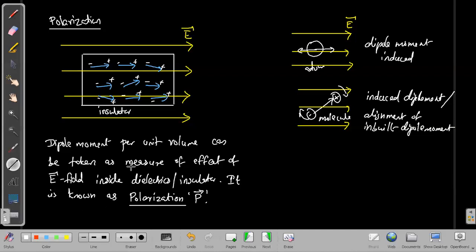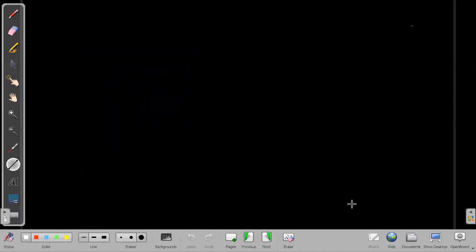Next we will discuss the potential produced by a polarized insulator. Why are we interested in potential? Because potential is a scalar quantity and it is easy to calculate. And once you find the expression for potential, we can calculate the electric field also.